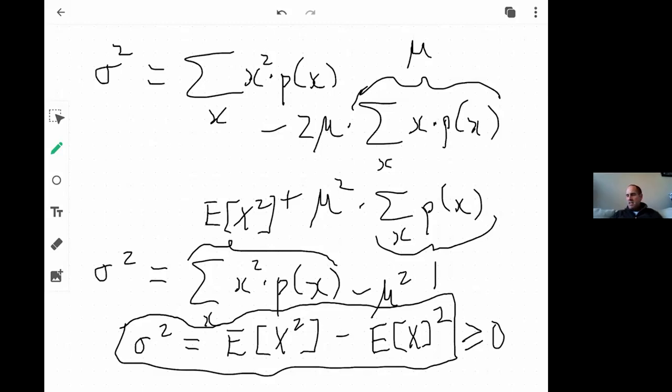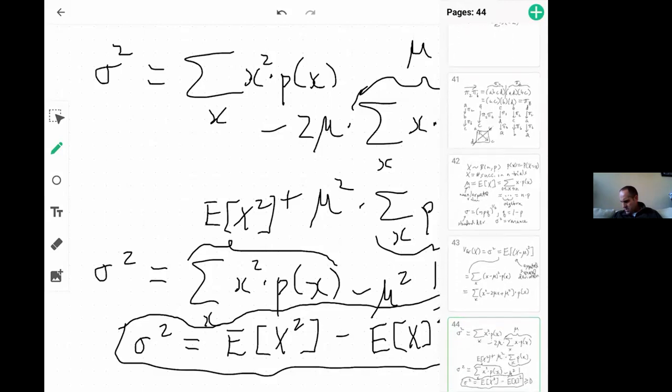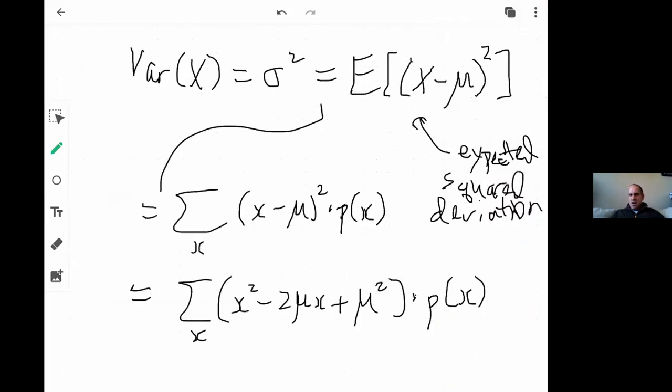But if you go back to the previous slide, which was this one right here, suppose that x had units of dollars. Then the mean is also going to be in dollars, and if I take their difference, it's still dollars.